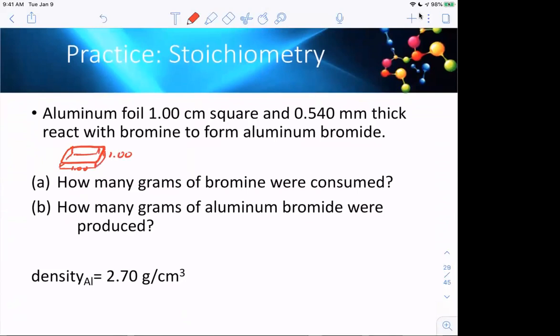That thickness is 0.450 millimeters. I want to know how many grams of bromine were consumed and how many grams of aluminum bromide were produced. Now, what is the reaction? That's the first thing we have to figure out. We have to produce a balanced chemical reaction for this.